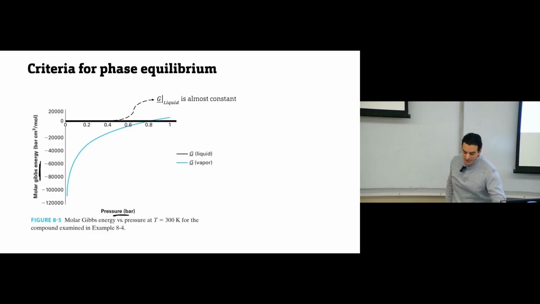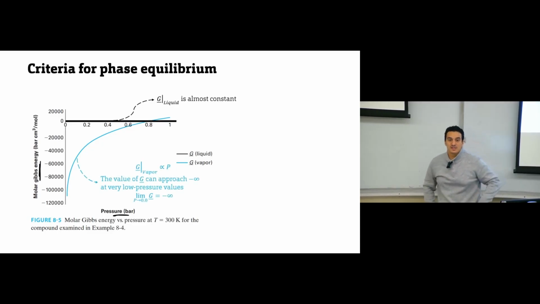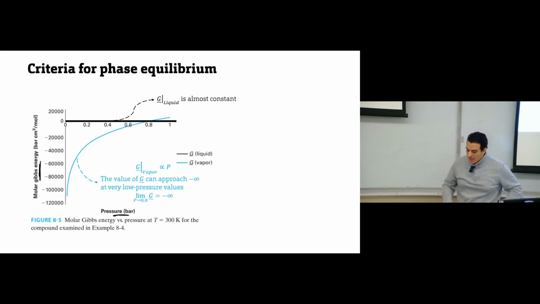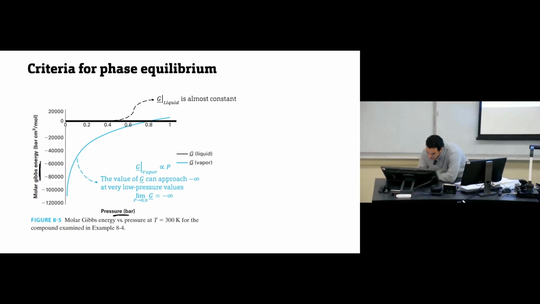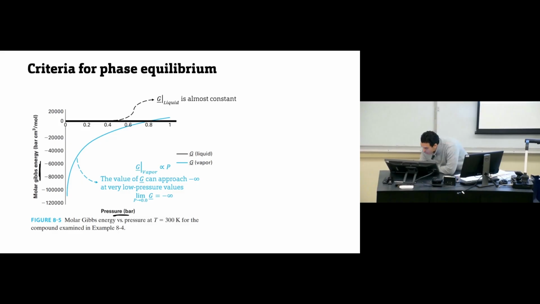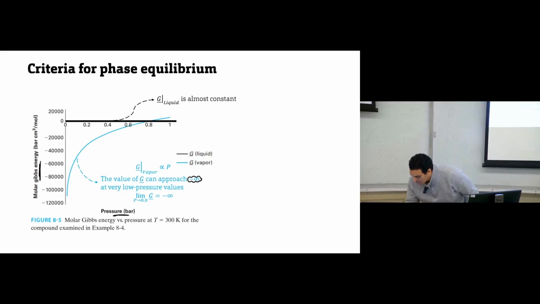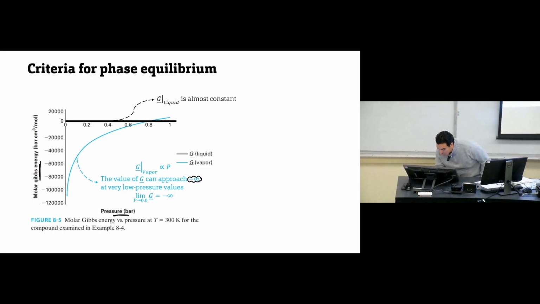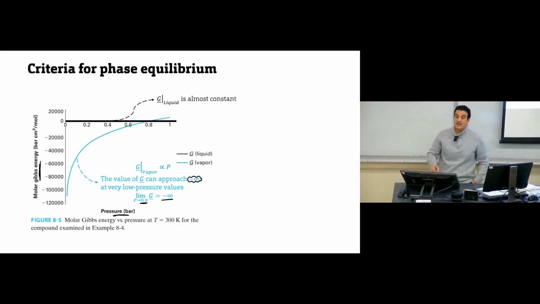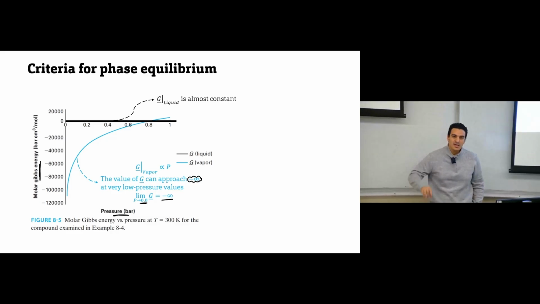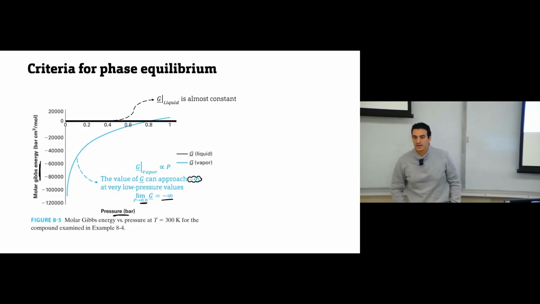But for vapor there is significant variation. If the pressure becomes very small, the molar Gibbs free energy of vapor can reach negative infinity. Mathematically, the limit of molar Gibbs free energy as pressure approaches zero is negative infinity, for the vapor. This is the issue we have.